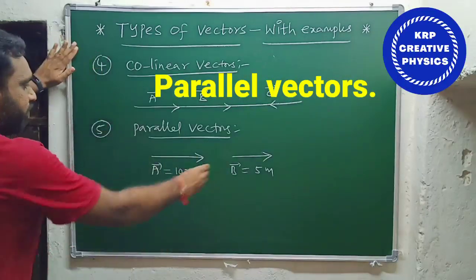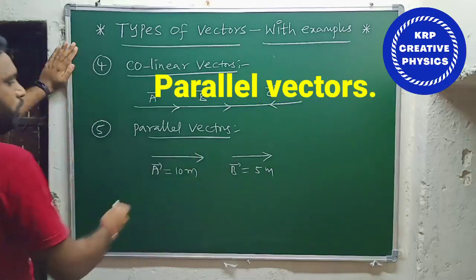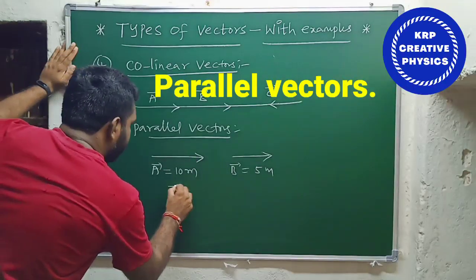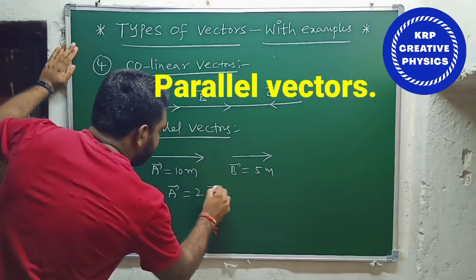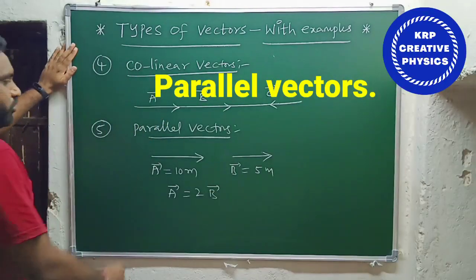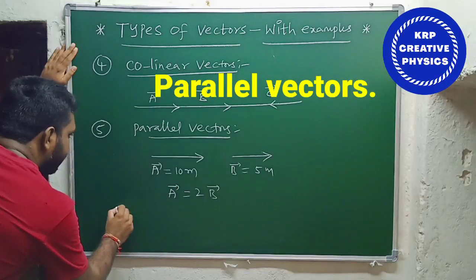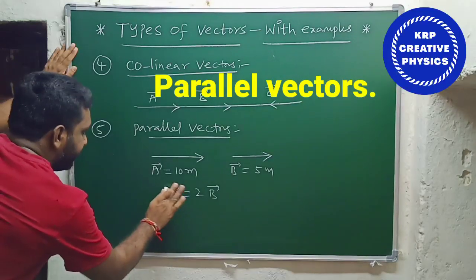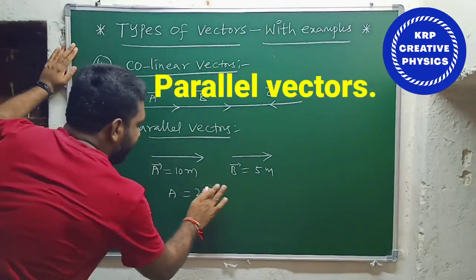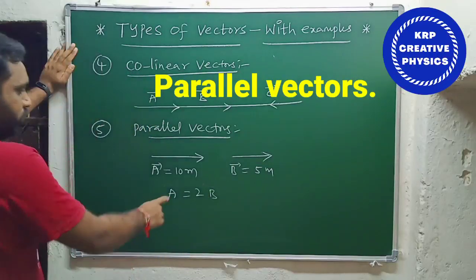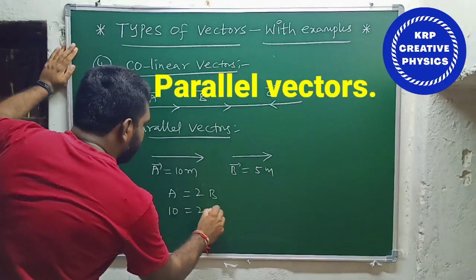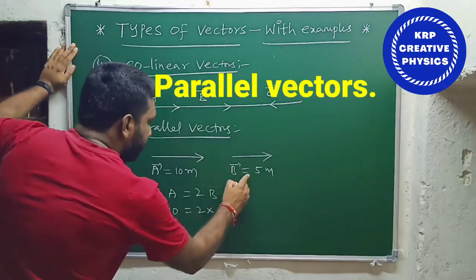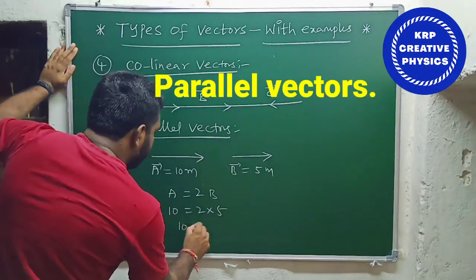How can we write the relation between the two magnitudes? Magnitude of vector A equals 2 times the magnitude of vector B. Why? Magnitude means you don't need to keep any arrow mark. The magnitude of A is 10, and 2 times the magnitude of B, which is 5, gives 10. So 10 equals 10.